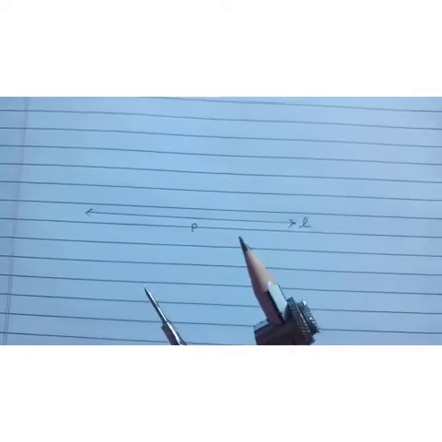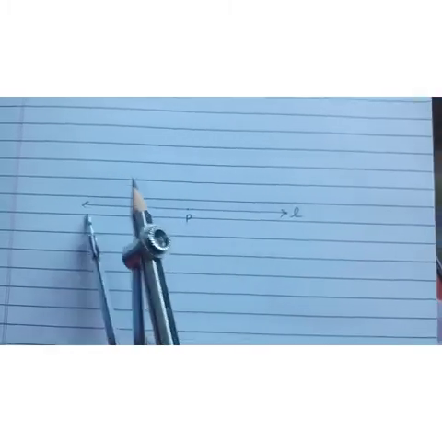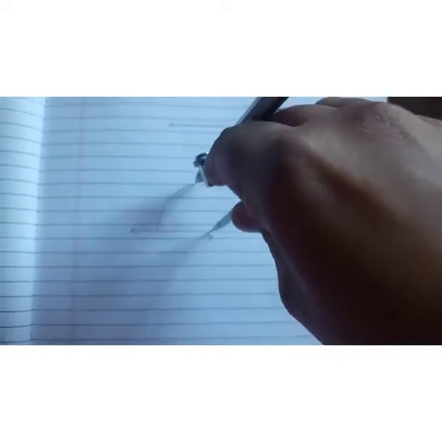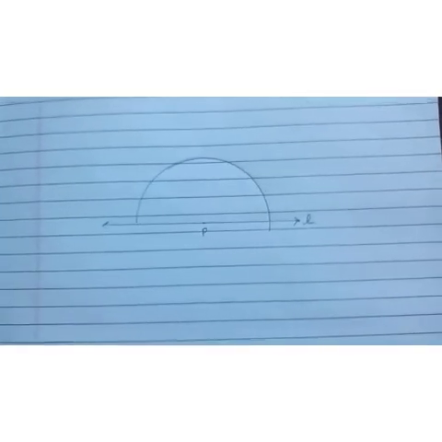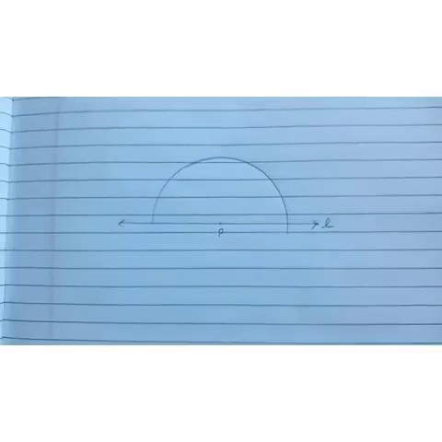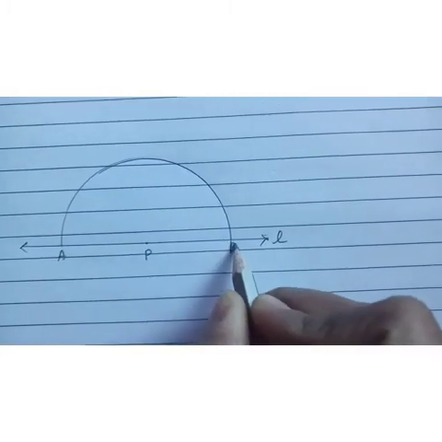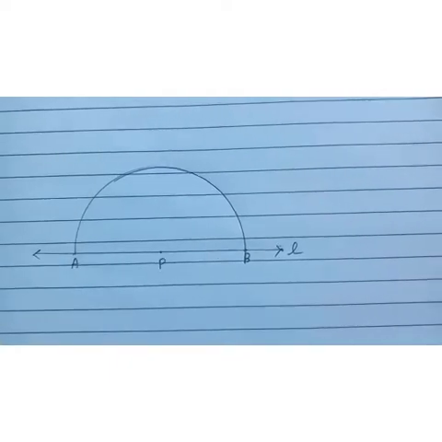And now construct an arc intersecting the line L at 2 points. Now with this as center, I will just draw an arc like this. So I am getting 2 points here, A and B, isn't it?